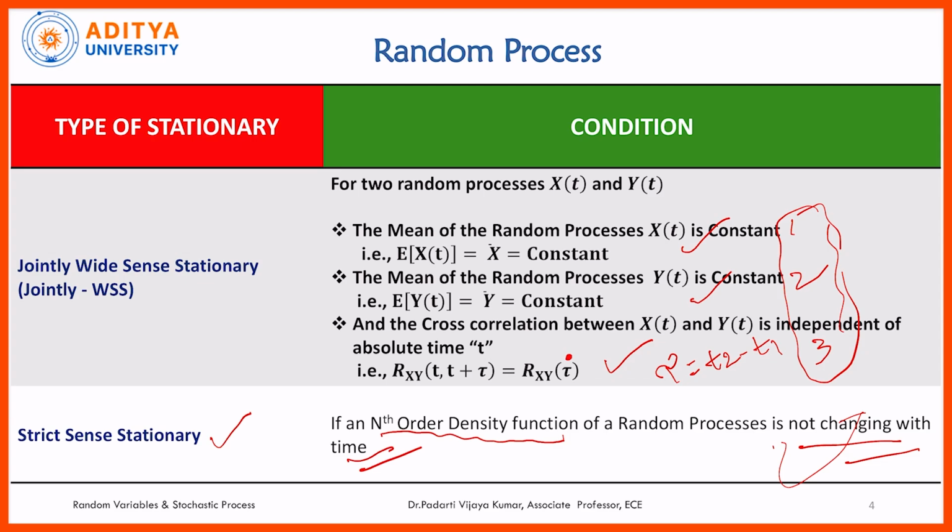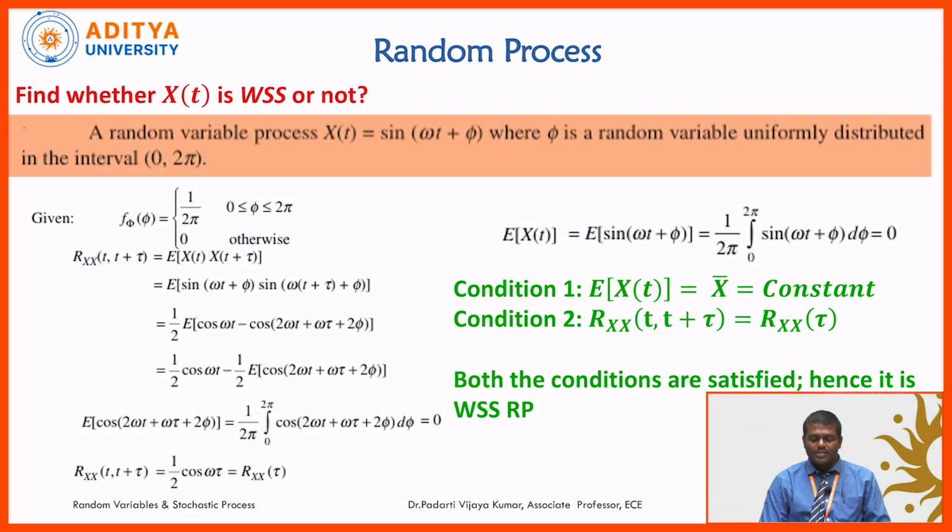Let us see how to identify the random process stationarity based on some mathematical examples such that we can easily understand. For example, a problem is given like this: identify whether random process x of t is Wide-sense stationary or not. So we need to recall the mathematical definition of Wide-sense stationary. What is that?